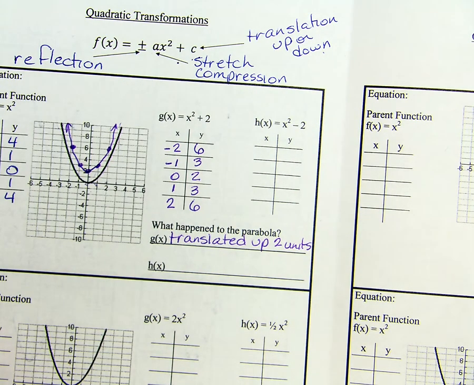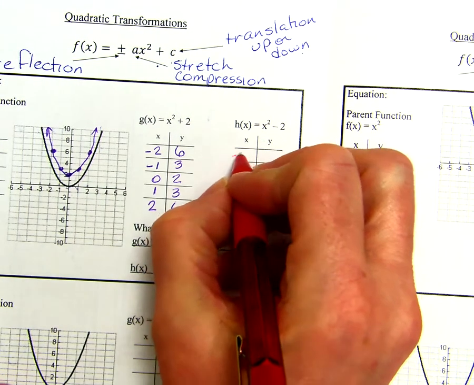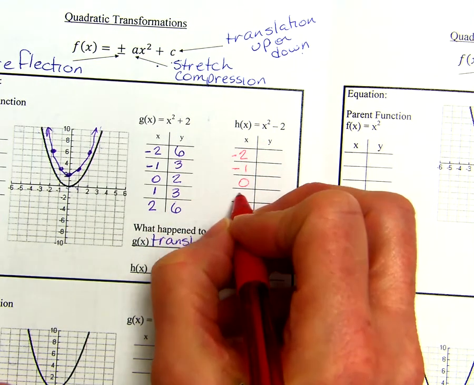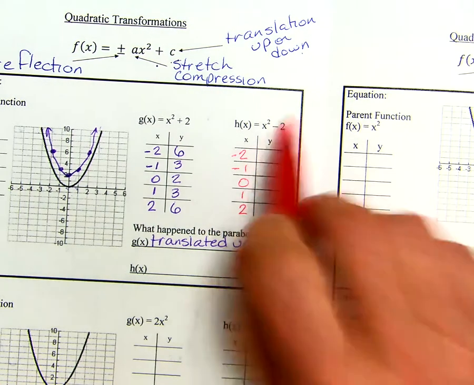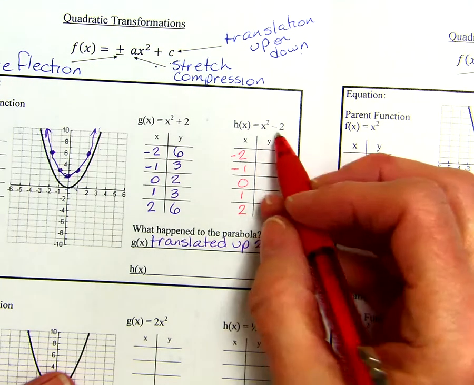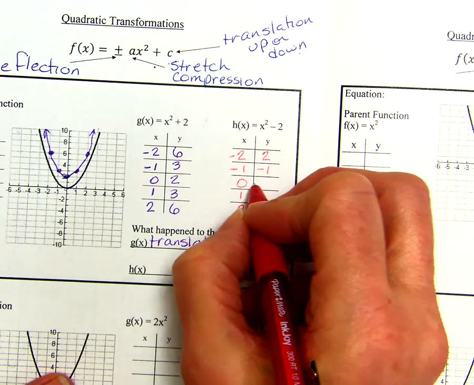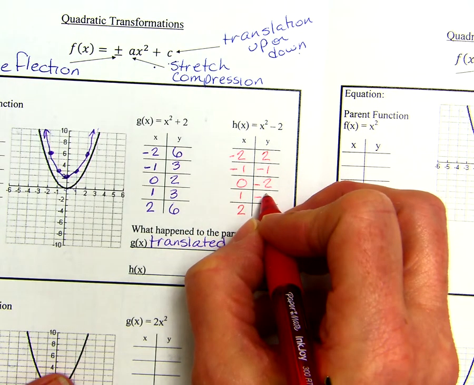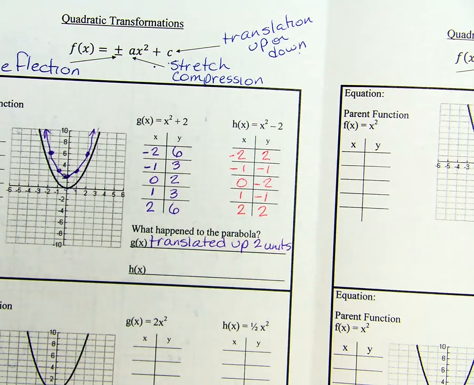So when we look at h of x, we are looking this time at x squared minus 2. So again, we'll use -2, -1, 0, 1, and 2. And when we look at the table of values for x squared minus 2, we get 2, -1, -2, -1, and +2.